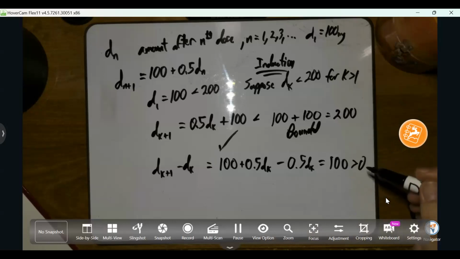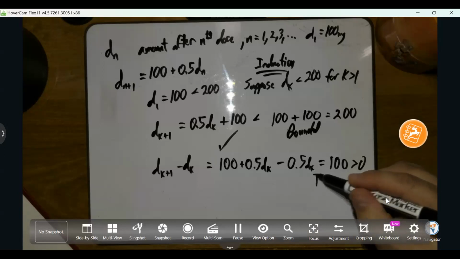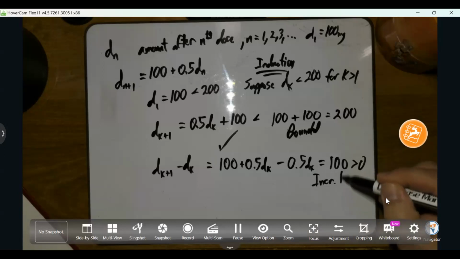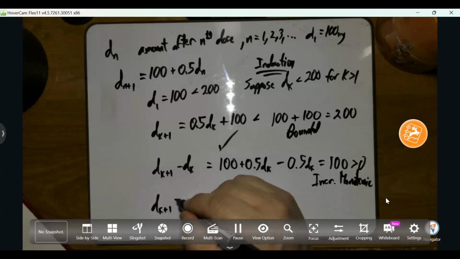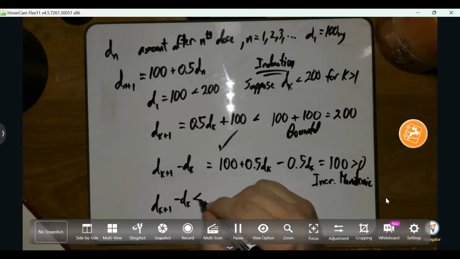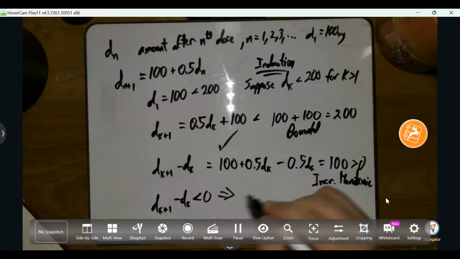That's greater than 0, and so we get increasing, monotonic. If we showed that dk plus 1 minus dk is less than 0, that would mean we're decreasing.